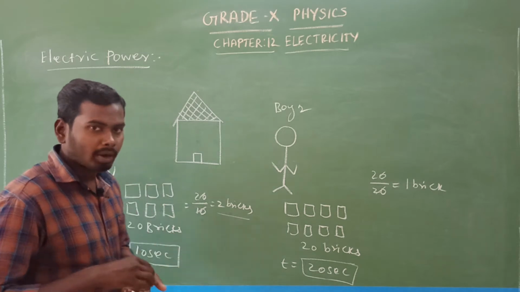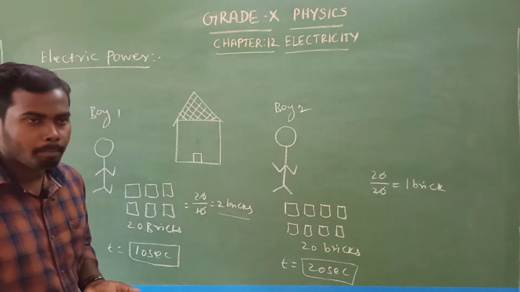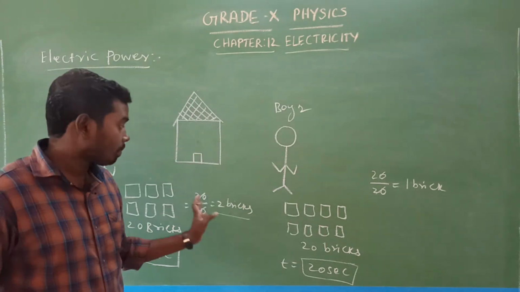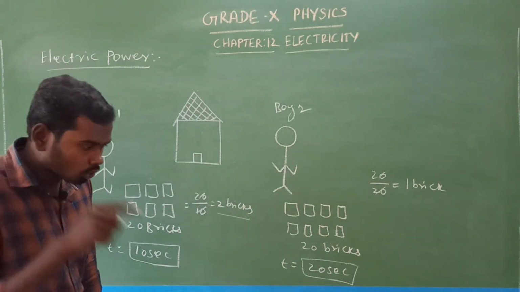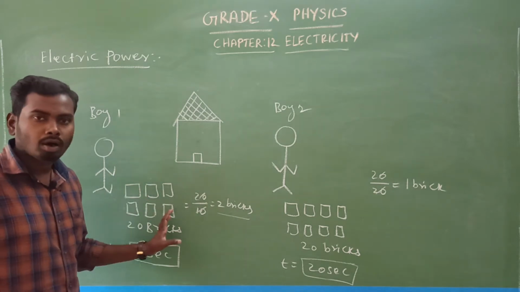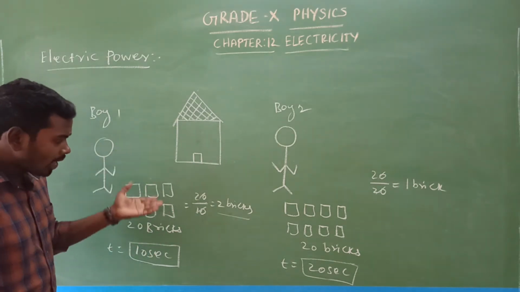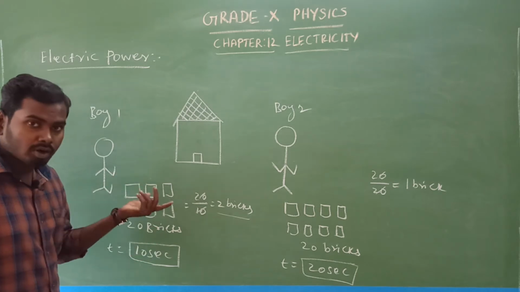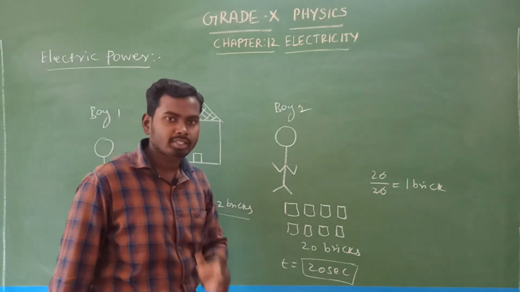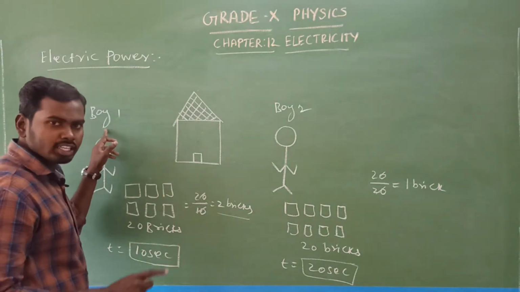Am I right? So per second, note this point, the number of bricks kept by boy 1 is more compared to boy 2. So we can say boy 1 has more power compared to boy 2. Am I right? Yes, obviously we can say boy 1 has more power. Why, sir? Because the number of bricks kept by boy 1 is more.